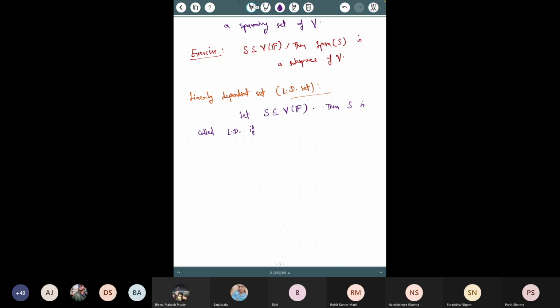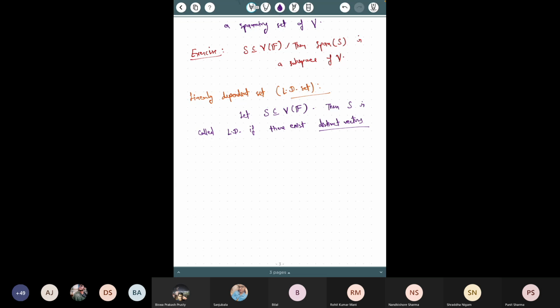So you are saying that you take any vector and write it as a linear combination of other vectors from S, and then you are saying that when this vector is 0, there exists at least one non-trivial linear combination. So I understand that you have this idea. If you want to write it, then how would you write? Let's say there exist distinct vectors. This is important here.